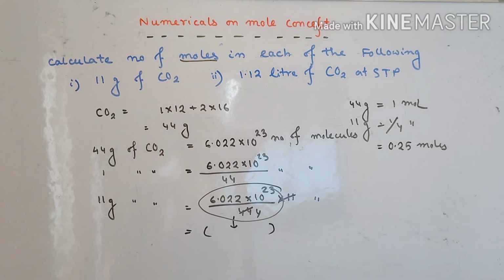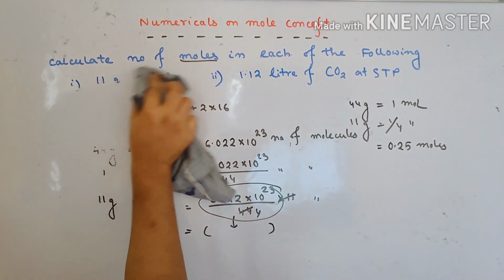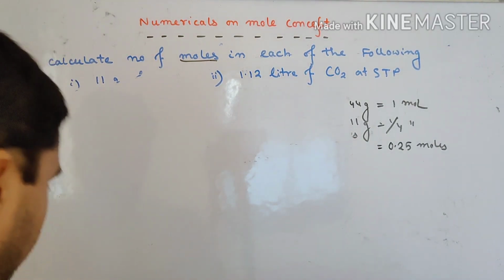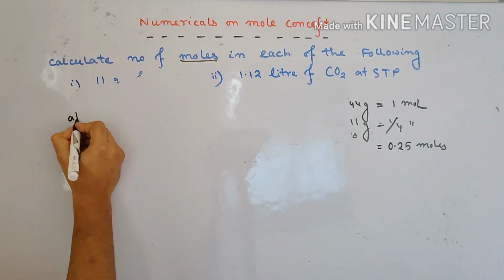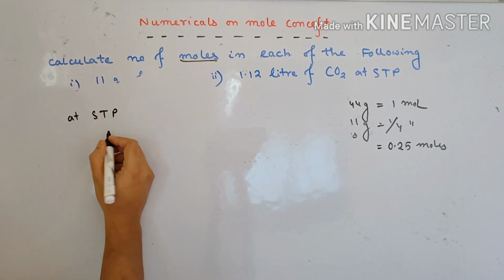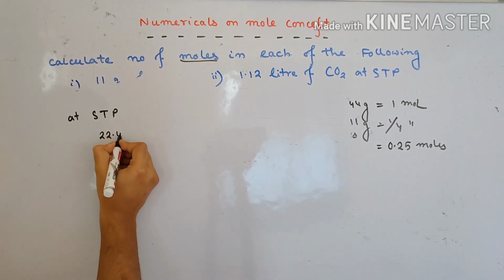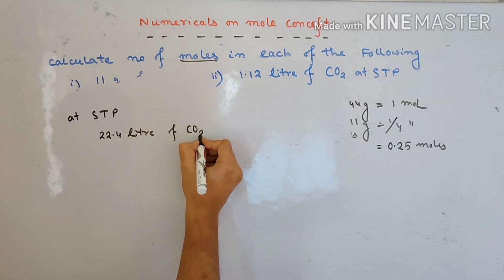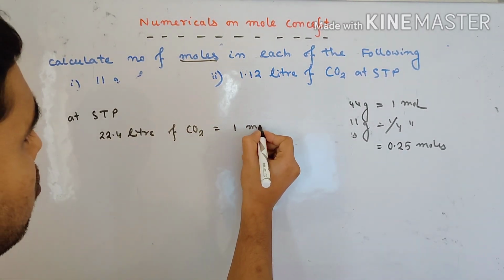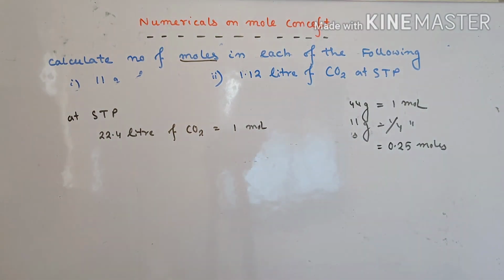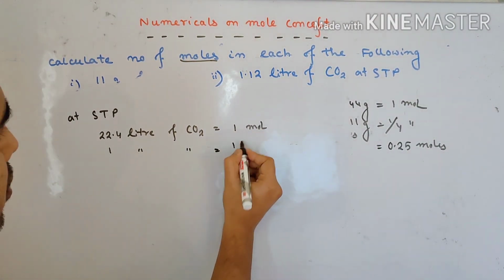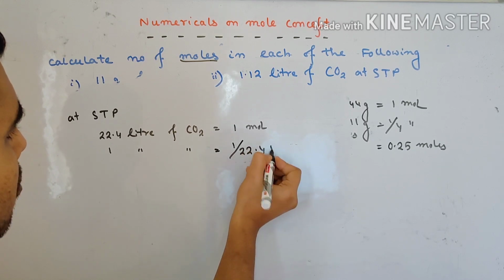In case of volume, we know that at STP 22.4 liter of carbon dioxide is equal to 1 mole of carbon dioxide. If it is 1 liter, it should be 1 by 22.4 mole.